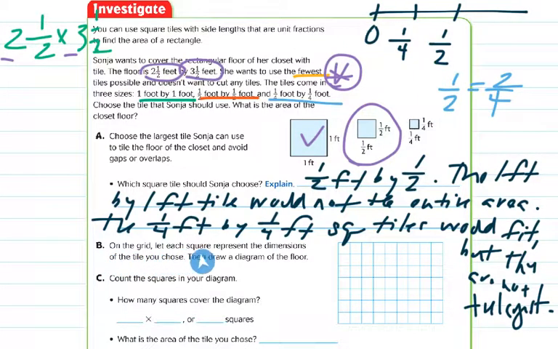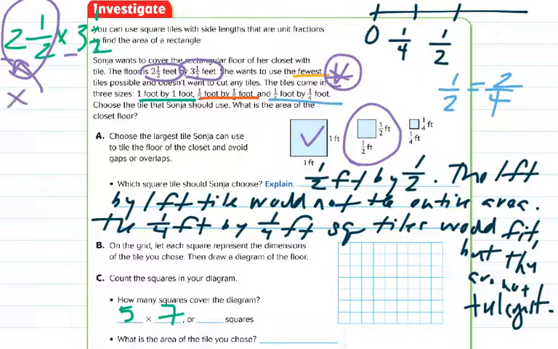Step B. On the grid, let each square represent the dimensions of the tile you choose. Then draw a diagram on the floor. So, boys and girls, we know that we're going to draw a 5 by 7 rectangle. And again, this is what we worked on in class, and I'm going to come up here to show this. We're going to take the mixed number, and we're going to convert it to an improper fraction.